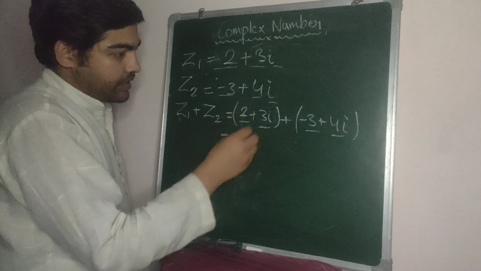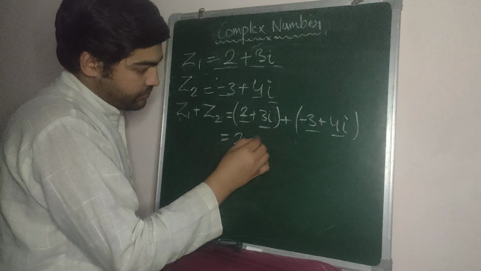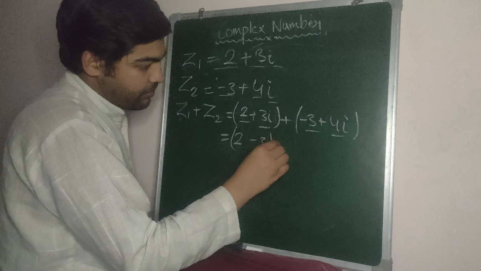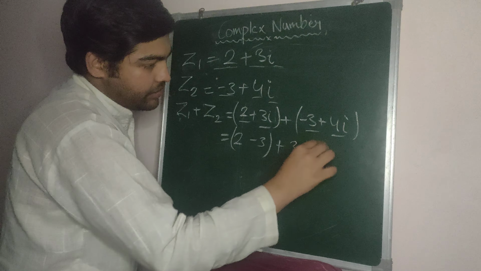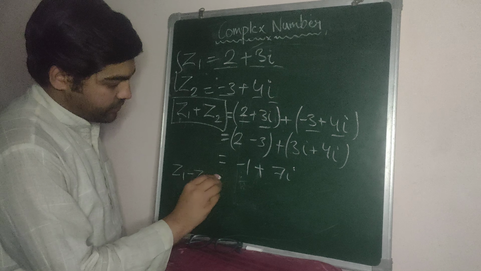So this should be considered as 2 minus 3 plus 3i plus 4i. So 2 minus 3 is minus 1 and 3i plus 4i is 7i. So the addition of these two complex numbers is minus 1 plus 7i. Similarly, we can also do subtraction, Z1 minus Z2 as well.